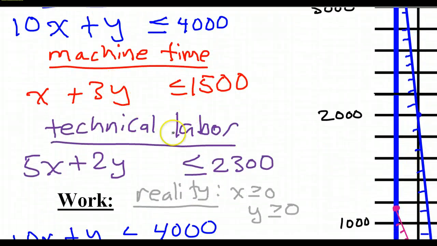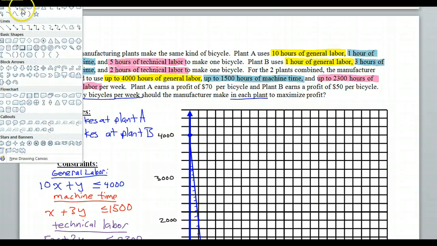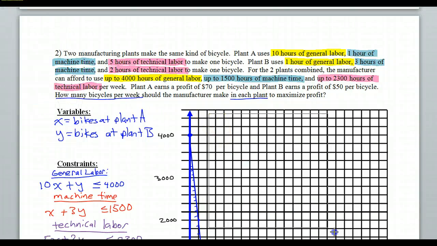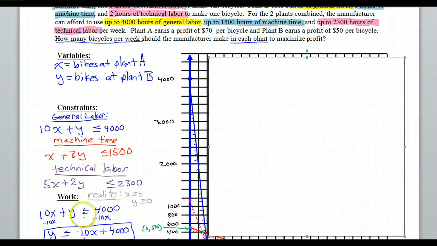Okay, so red and purple. I better zoom out. And since I have all this space on my graph, I'm going to use it to do some work. Okay, so look at the red equation and the purple equation. Let me recopy them for a second. So the red equation is this one. X plus 3y is less than or equal to 1500.